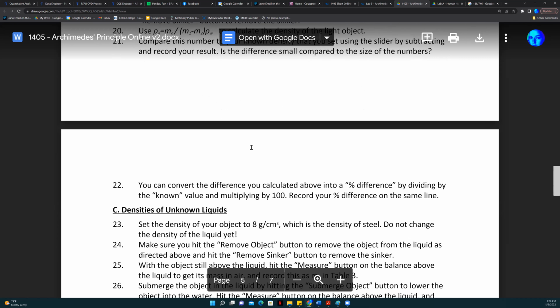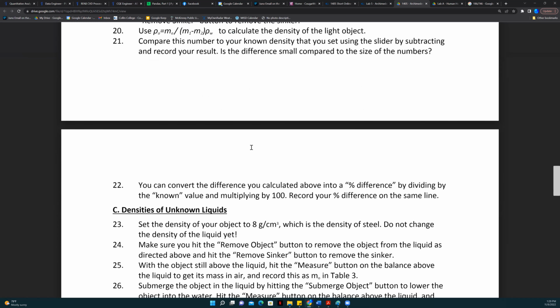The same principle applies if it's too light for that, then you hang a sinker off of it, but that sinker is going to have its own weight. But the secret is if you weigh your object in the air, but with the sinker under the surface of the water, and then you weigh it again with the sinker and the object under the surface of the water, when you subtract the two, it cancels out the sinker entirely.